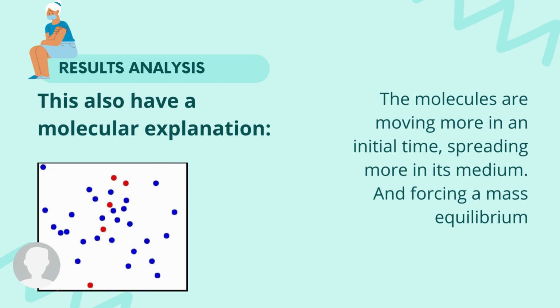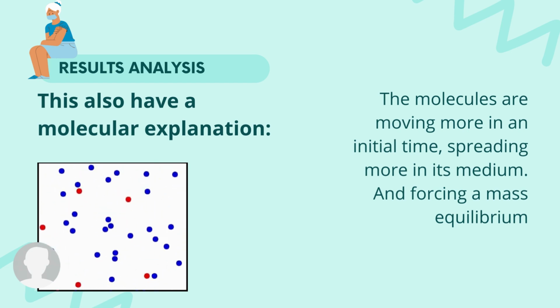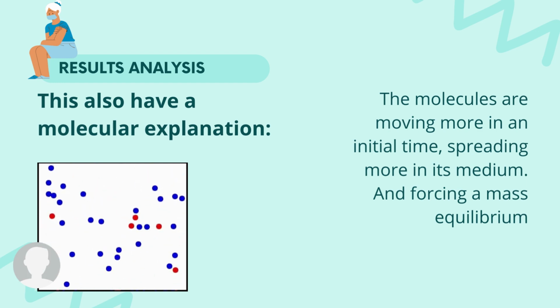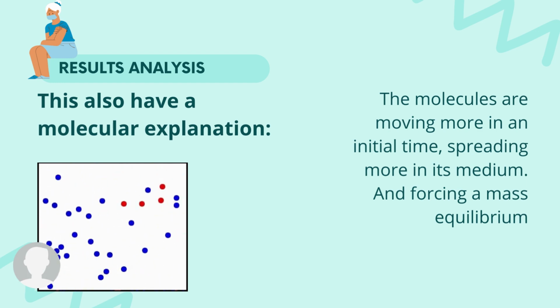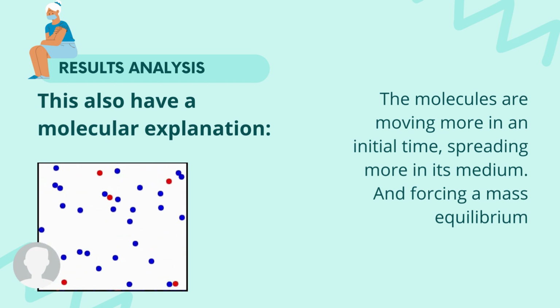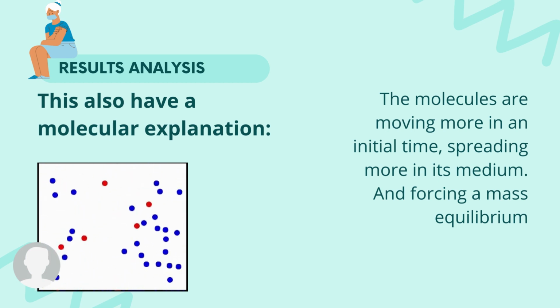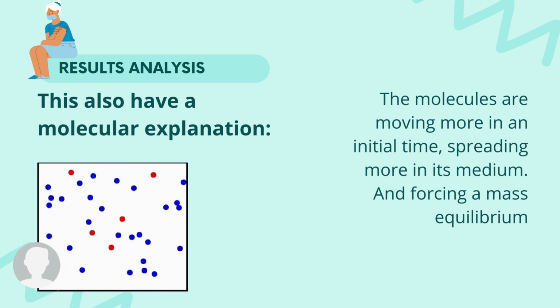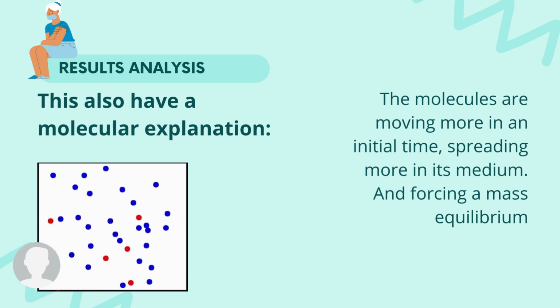So we can see that the molecules are moving more in an initial, minimal time. These molecules are spreading more in their medium, maybe water, maybe another solvent, and this forces a mass equilibrium.